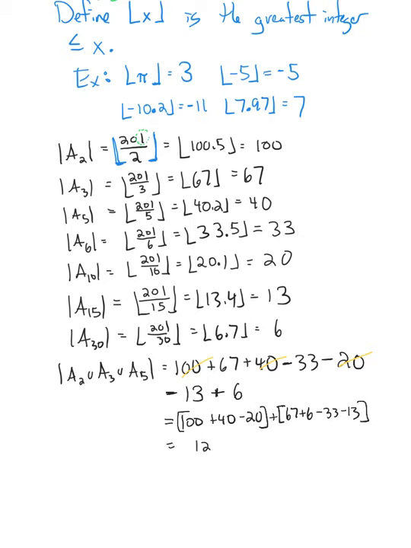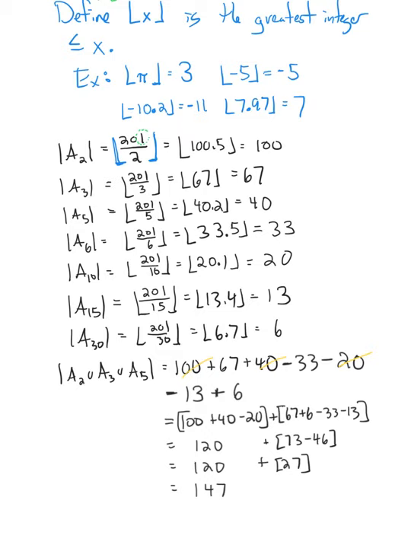So that is 120. And this is 73 minus 46, which is 120 plus, well, 73 minus 46 is 27. So my final answer is 147. So 147 of those 201 numbers are divisible by 2, 3, or 5.